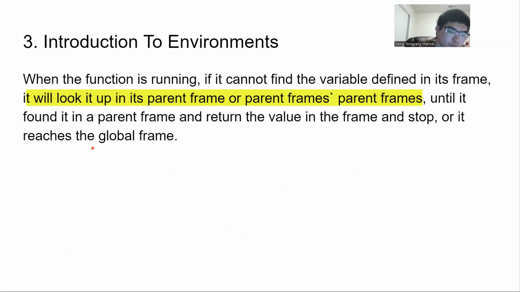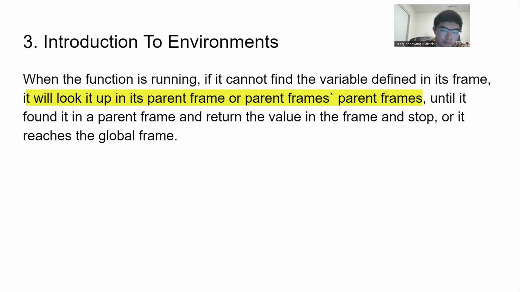If we cannot find it in the global frame, it means that we cannot find the variable, and it will have an error. That's why the global frame is called the ancestor of all frames: when you want to look up a variable in a new frame, you have to look back through the parent frames until we reach the global frame.